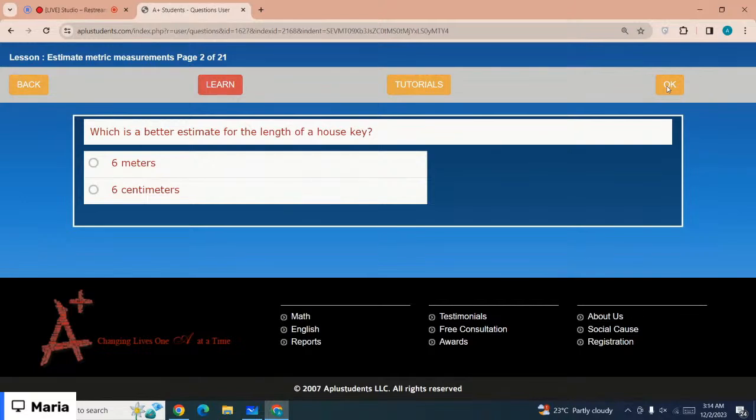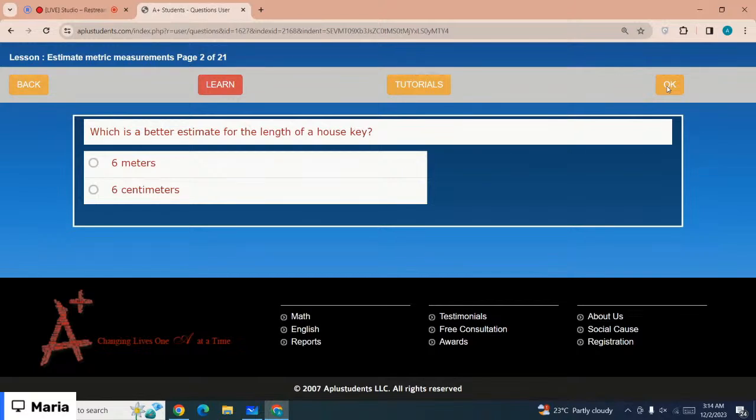Okay, the next one is which is the better estimate for the length of a house key? Which is the correct option? That is just a house key.